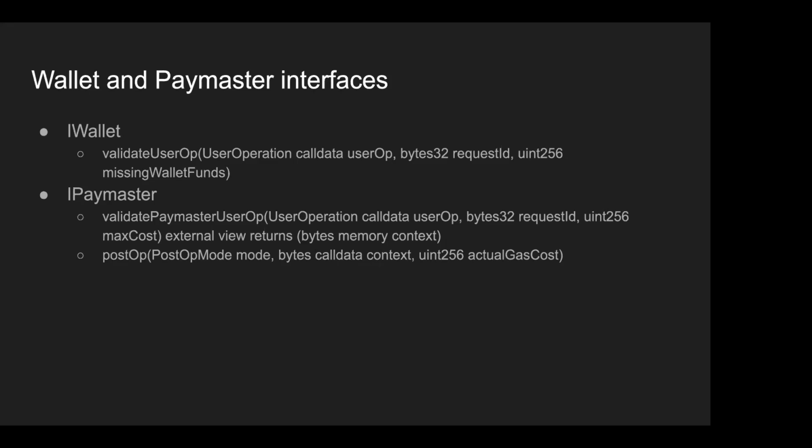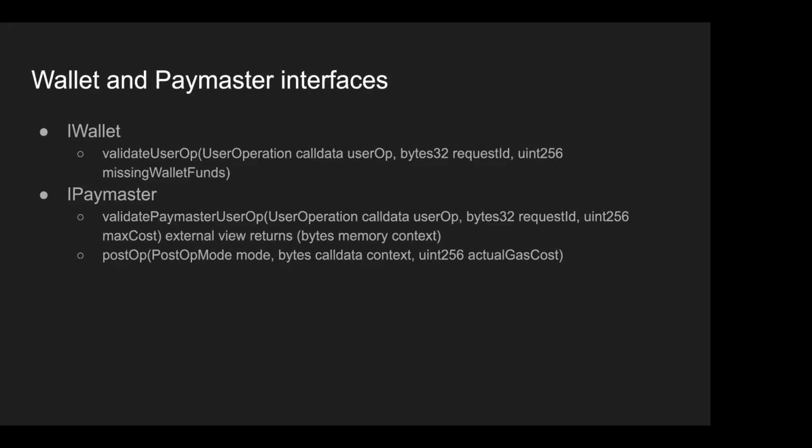And afterwards, there are no more interfaces for the wallet, because we're just going to call it with the calldata of the user operation. The paymaster must implement a validation function. This is the validate paymaster user op. This is a view function because it doesn't actually need to pay. It must have a deposit anyway.